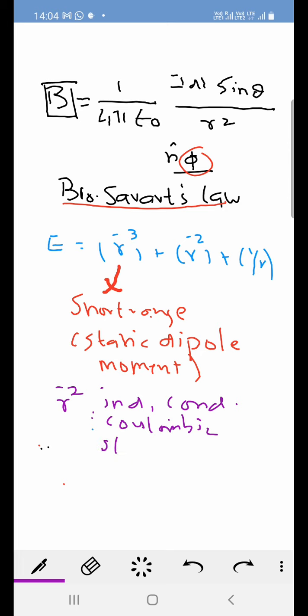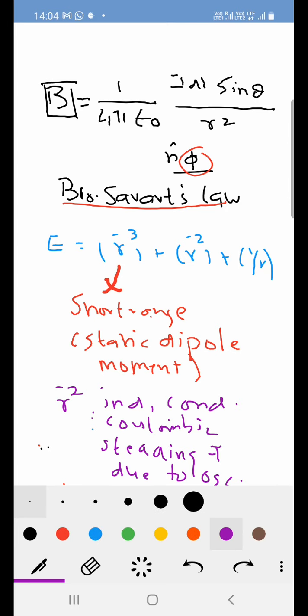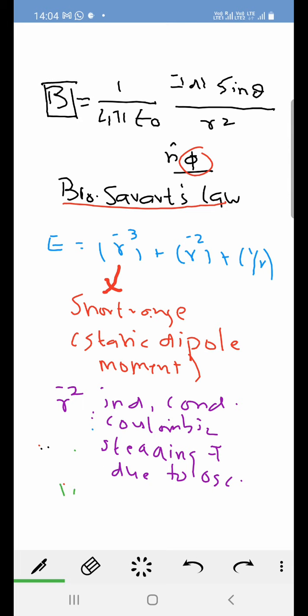And the 1 by r term is the radiation field, and it depends upon the time variation of current due to charge oscillations.